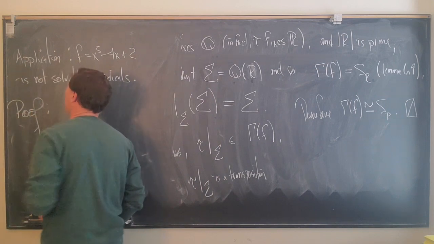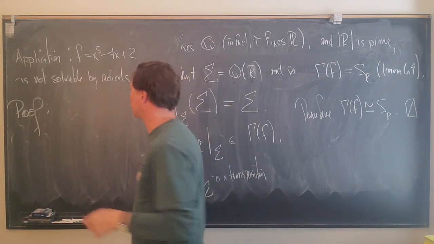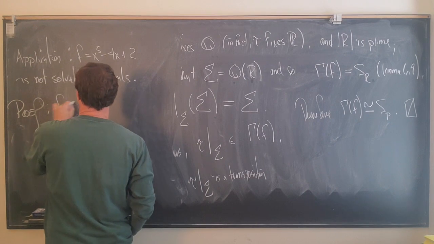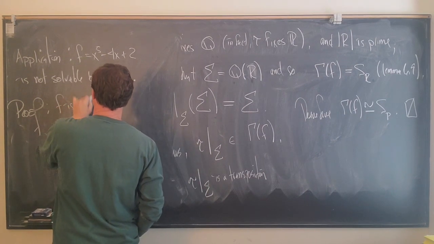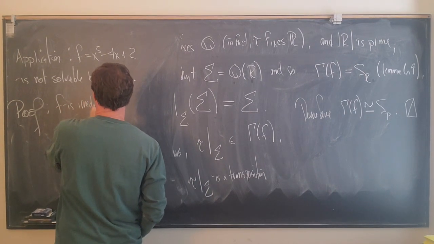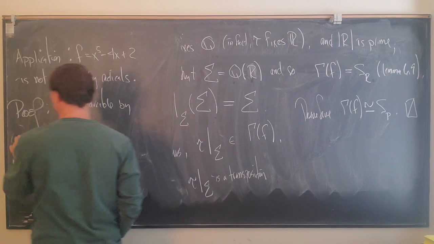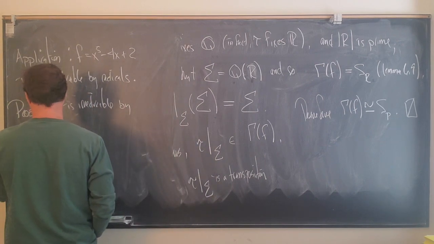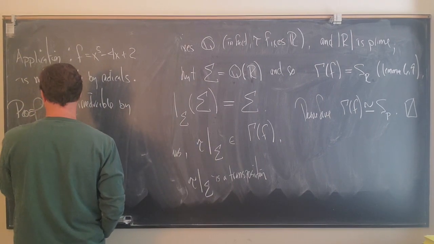So first of all, this polynomial is irreducible by Eisenstein. So f is irreducible by Eisenstein.